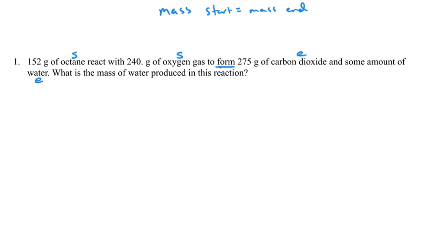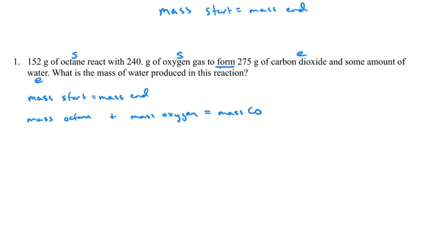So now we're just going to set this up like a math equation. Okay, so we're going to set this up as, right, the mass that we start with has to equal the mass that we end with. And we are starting with the mass of octane plus the mass of oxygen has got to equal the mass of carbon dioxide, we're going to label that CO2 to save some space, plus the mass of water.